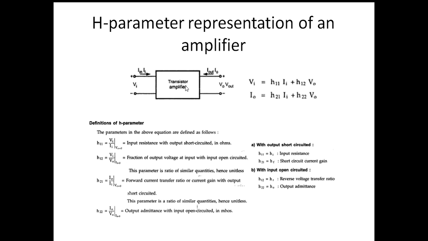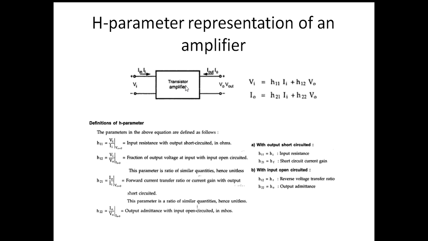If you use common base, HIB, HFB, HRB, HOB will come. If it is common emitter, HIE, HFE, HRE, HOE will come. If it is common collector, HIC, HFC, HRC, HOC will come.